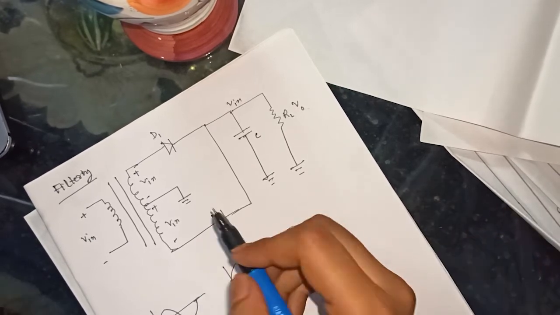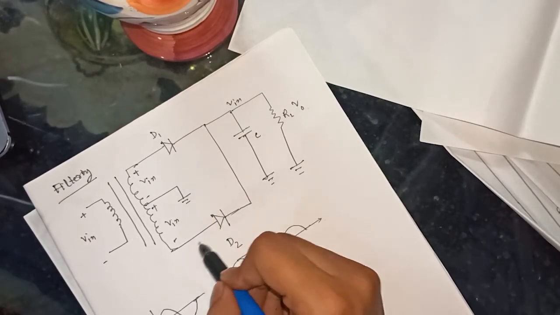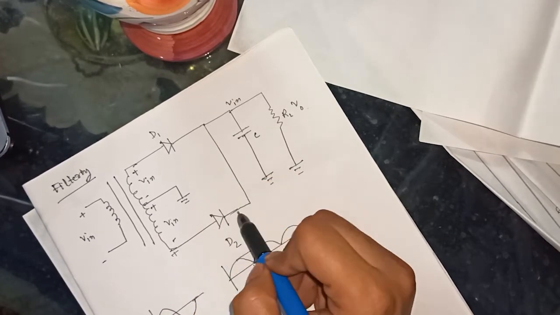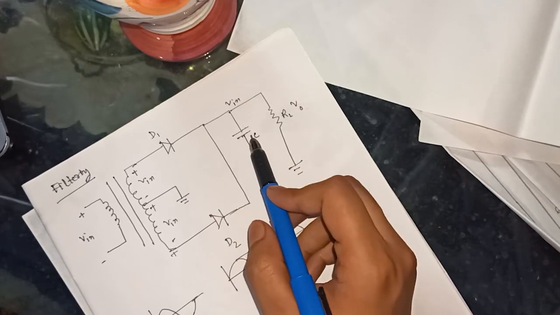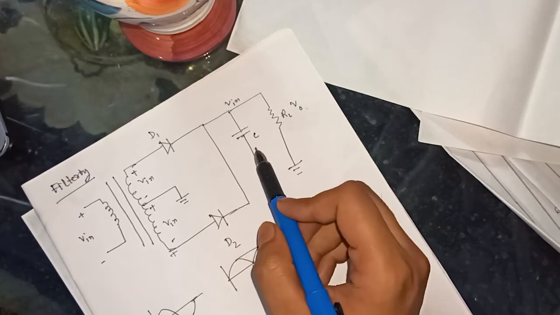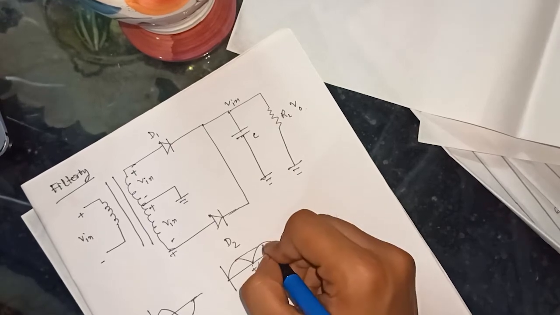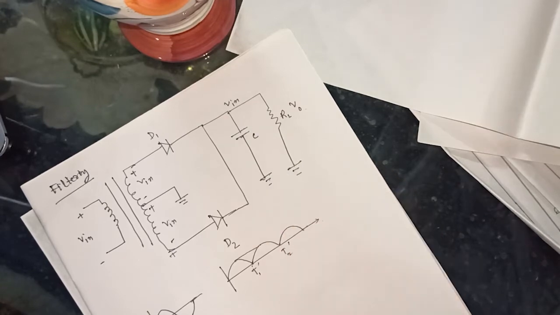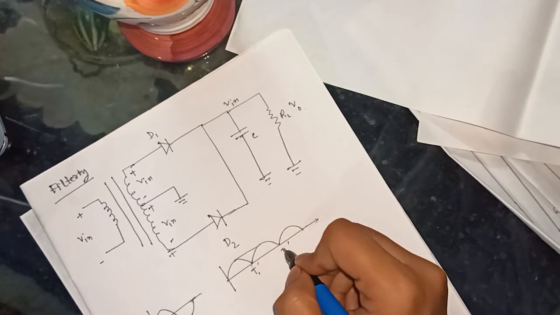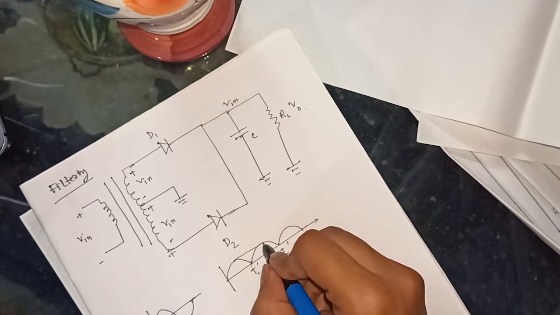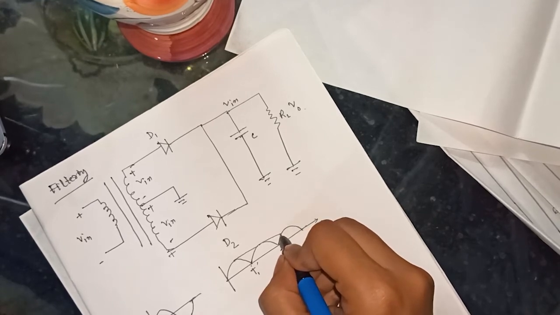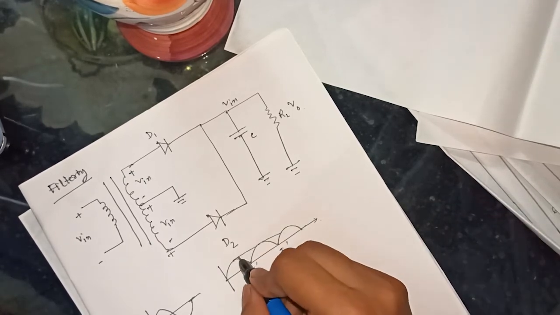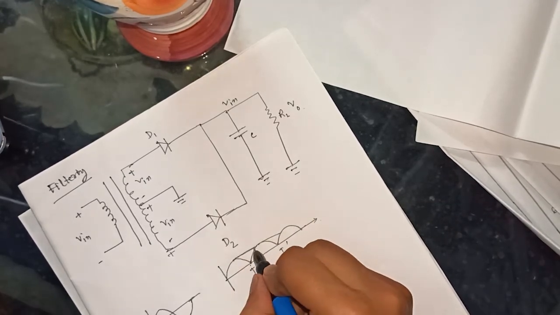In the negative half cycle, D1 will not work, D2 will work, and there will also be voltage across the capacitor, and the capacitor charges up again at this point. For the positive half cycle again, the capacitor slowly discharges, which reduces the ripple, and we get an output like this.